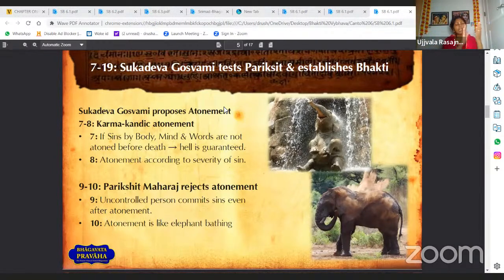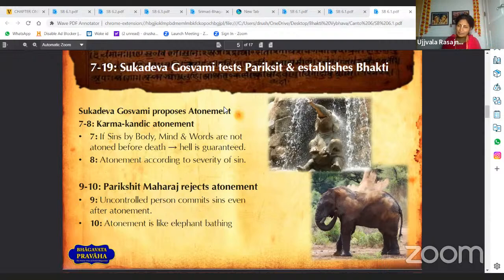If it's a big sin, you do a big prayaschitta. If it's a small sin, you do a small prayaschitta. So it's like nullifying. You do something bad, some stealing, to nullify it, you give some charity. Simple. Because your papa is nullified by punya, you don't go to the hellish planet. That was the first response of Sukadeva Goswami to Parikshit Maharaj.